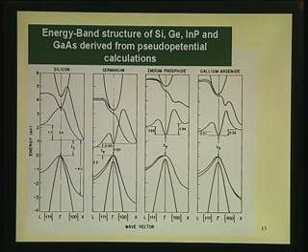All that you have to take a look at is, for example, let us take a look at gallium arsenide. These are the energy versus momentum graphs for different states of the electrons.